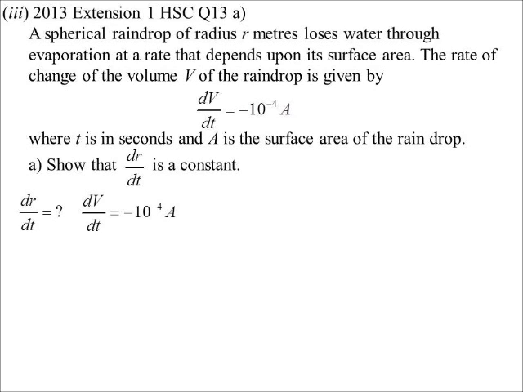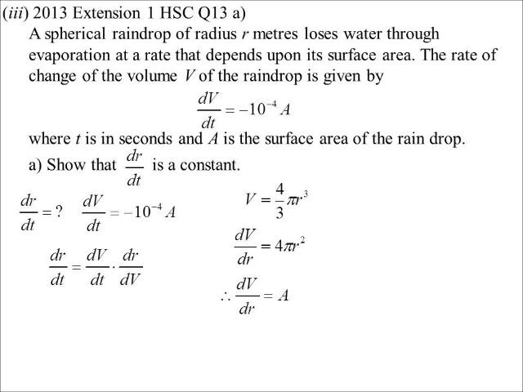Okay, so what is dr/dt? That's what we're trying to find. We know dV/dt, so if we can find a link yet again between volume and radius, we should be able to come up with a formula. Yep, there it is, hasn't changed. It's still 4 pi r squared. Amazes me actually. Don't you find that fascinating? Differentiate volume with respect to radius, you get surface area. Love that formula.